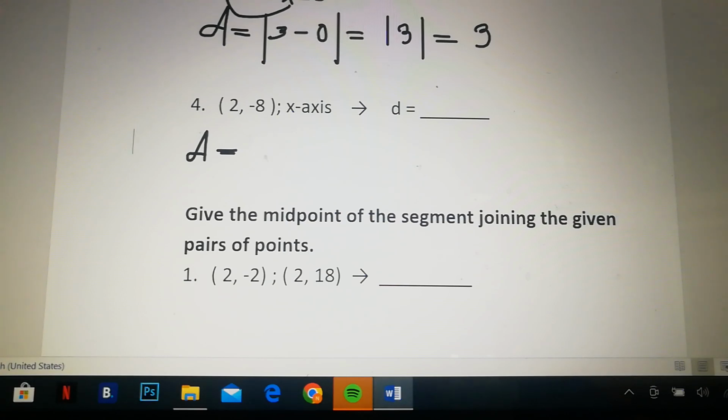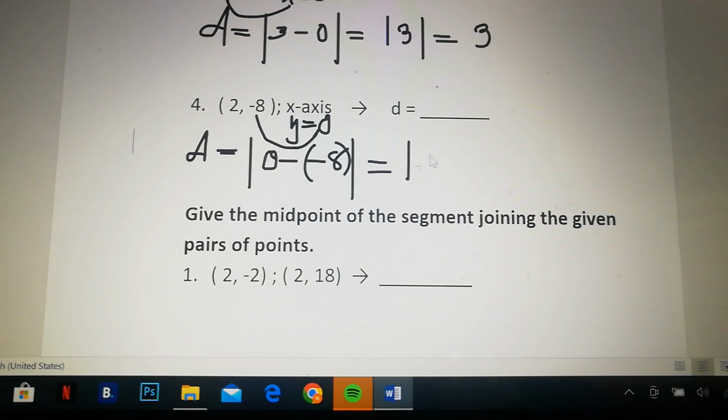So x-axis is y equal to 0, so we are after the difference between the y values. So absolute value of 0 minus negative 8, equal to absolute value of 8, equal to 8. So the distance from the given point to the x-axis is simply equal to 8.